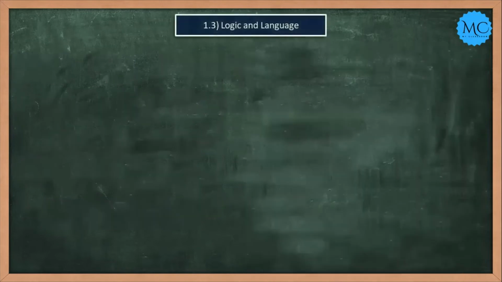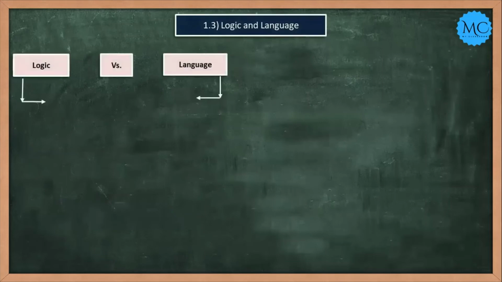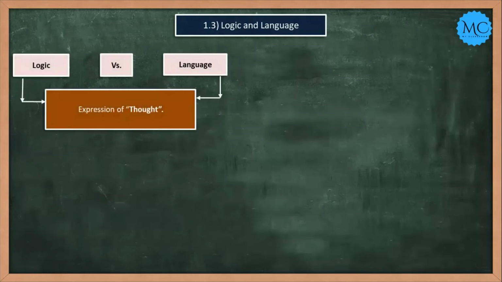Now we are going to see logic and language. There is no logic without language. Logic doesn't exist at all without language. Logic needs language to express reasoned thoughts, so it needs a tool like language to express. Only higher animals like human beings have logic, because they have the tool of language to express their thoughts.